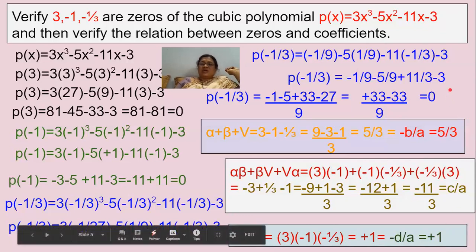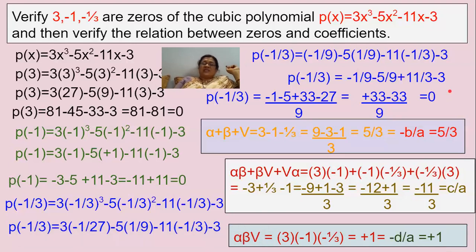So this is the relation between the coefficients and the zeros of the cubic polynomial, and this is a very big problem, and you will get this problem for a 3 marks question, for a 4 marks question definitely, for essay 2, and you may get it for the final examination also.